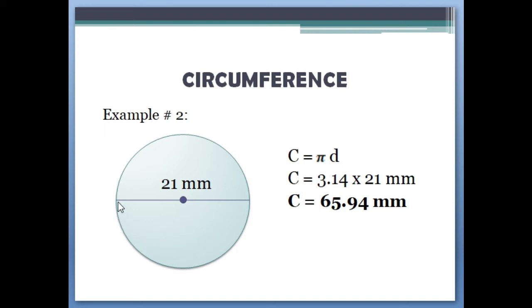We have a line or a line segment from any point of the circle to any point of the circle that passes through the center. So, itong bilog na to dito, yan yung center natin. So, kung mahaba yung line natin, that is a diameter. Okay? Now, so yung 21 millimeters na to ay diameter.